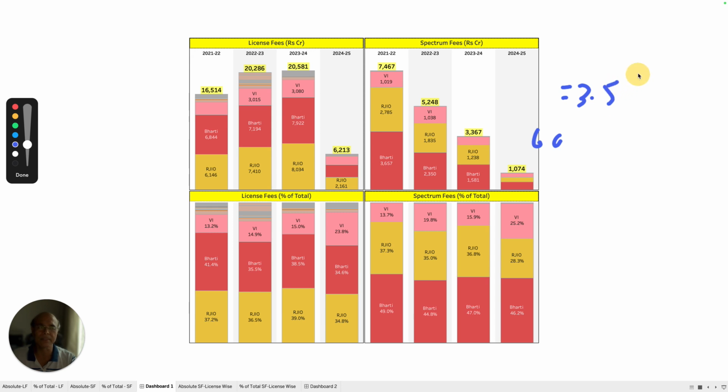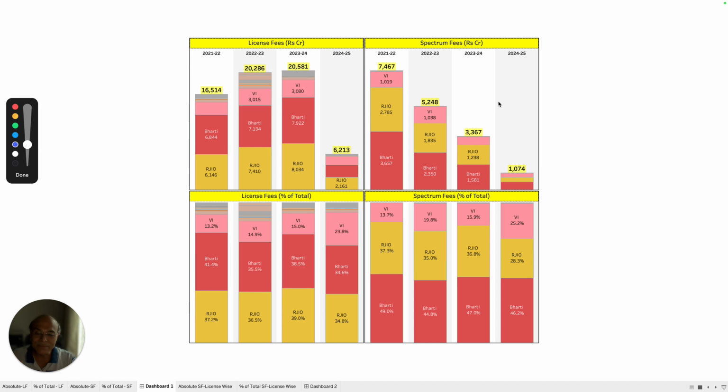Now what happens is, let's say you have a band which is huge, like the 26 gigahertz band, which is 1 gigahertz, right? Now 1 gigahertz definitely has to be converted into an everyday equivalent. It will become 500 megahertz. The 500 megahertz will be multiplied by what? 0. Because the spectrum usage charge for spectrum which is auctioned now is 0.